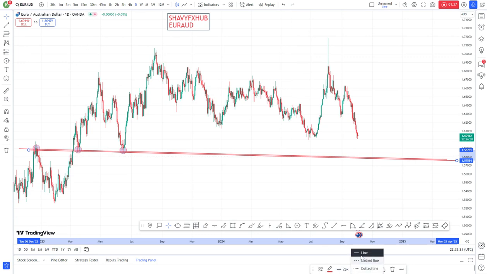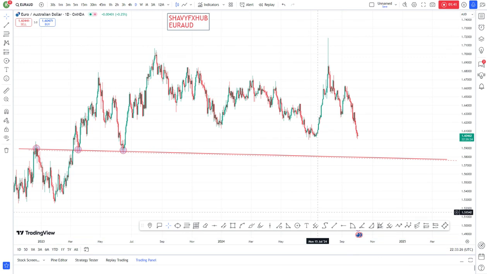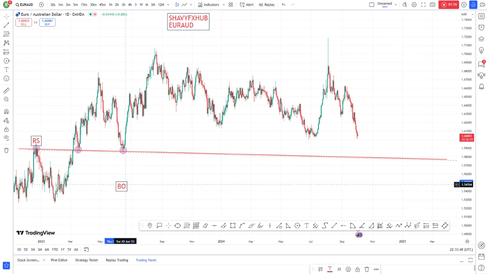We will be looking at the structure to see what price is doing. So we have here, which I will call a resistance, resistance becomes support. We have a breakout candle to the structure of resistance.